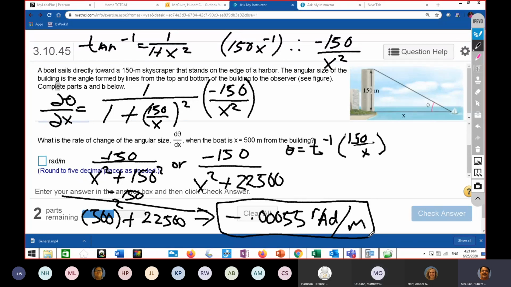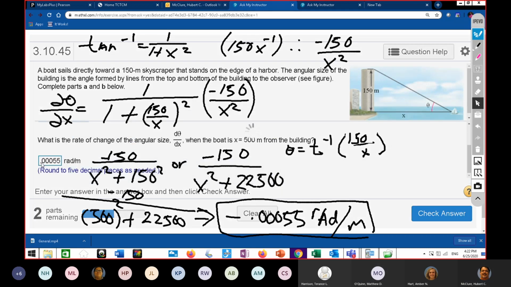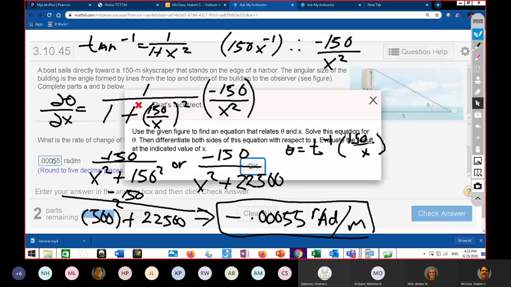Now that's an important question as far as a test question. Like I said, I don't care about the graph. You can graph that on a calculator, that's good. I really don't care about graphing the derivative. So I'm going to punch in 0.00055, negative, sorry.